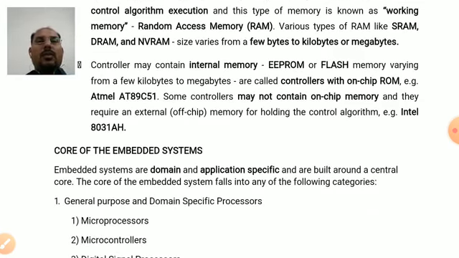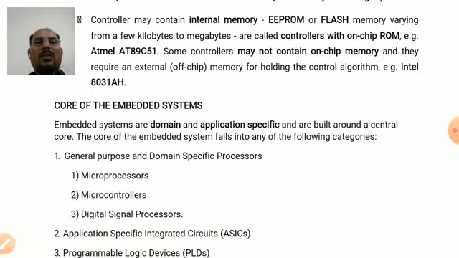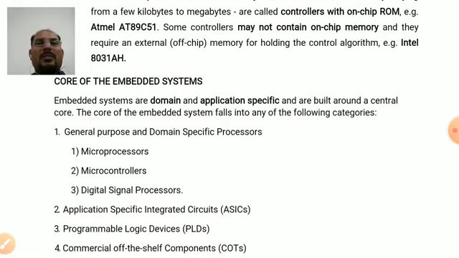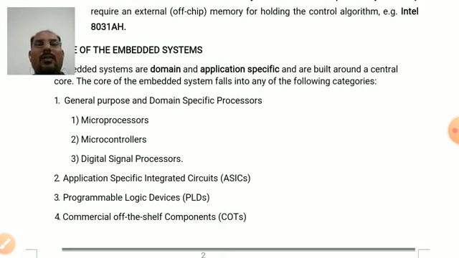Then we'll move on to the next topic called core of the embedded system. Embedded systems are domain and application specific, and the core of the embedded system falls in one of the following categories, that is general purpose and domain specific processors. The processors used in these types could be microprocessors, microcontrollers, or digital signal processors.